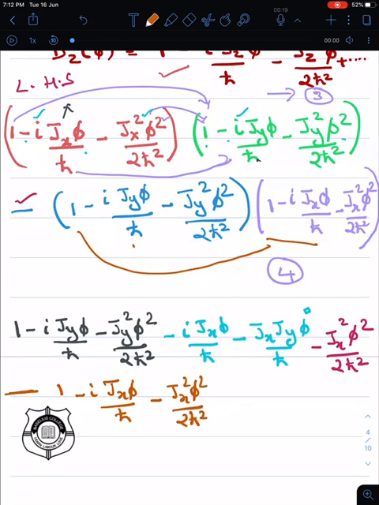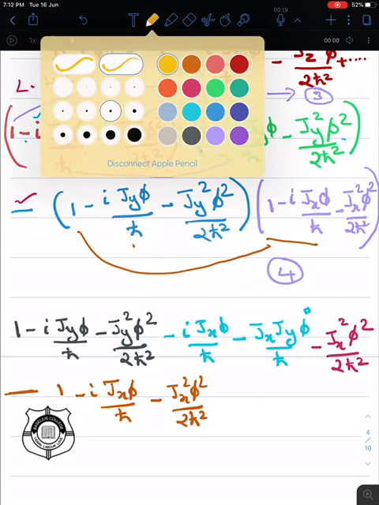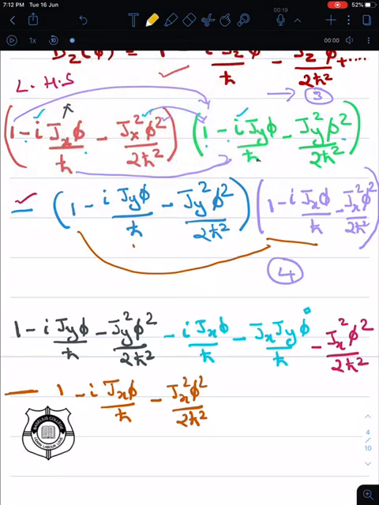Then about this term, you have 1, so this minus this one. You have minus i jy phi by h cross, and then you have i and i, here i and i will be i square, that is minus 1.